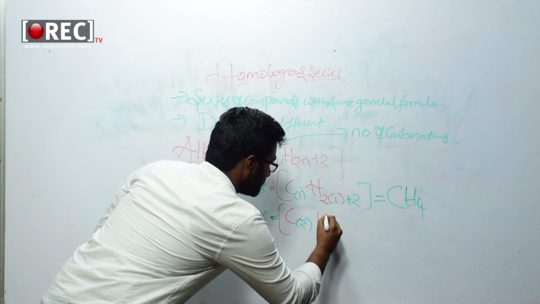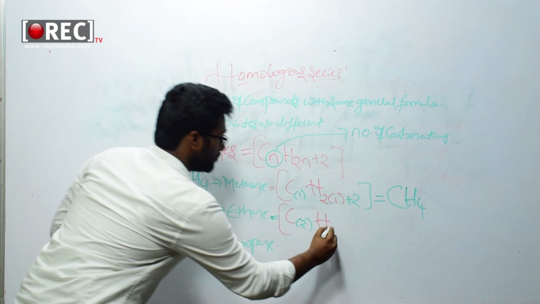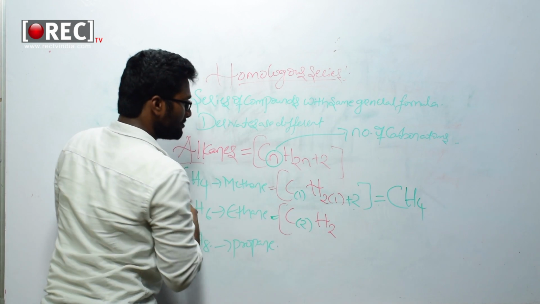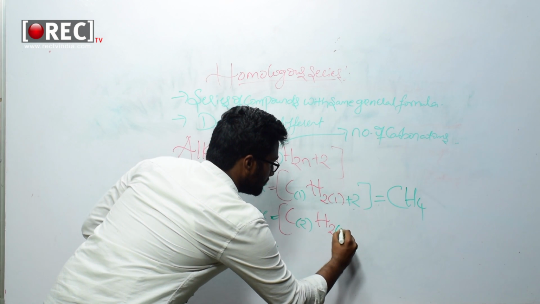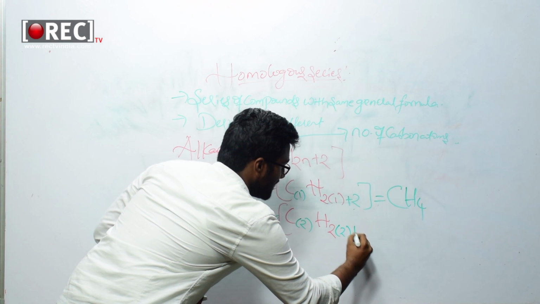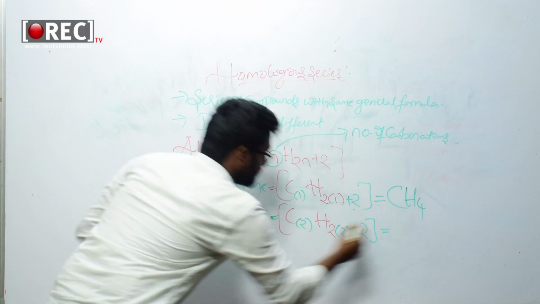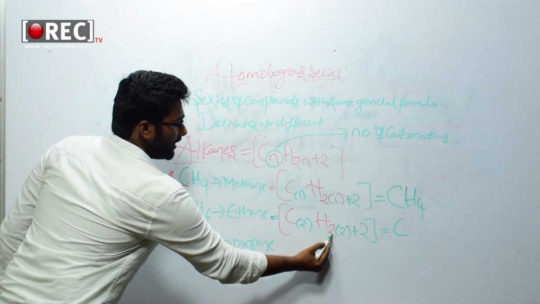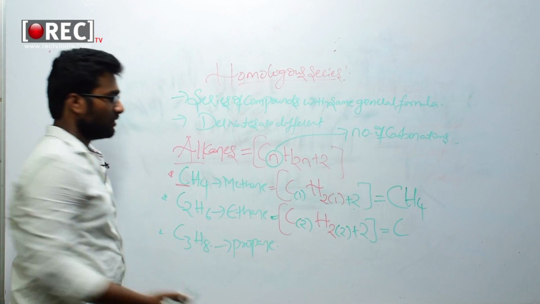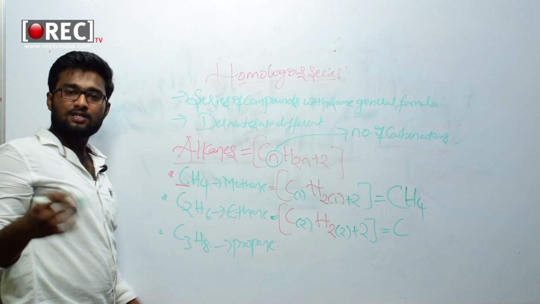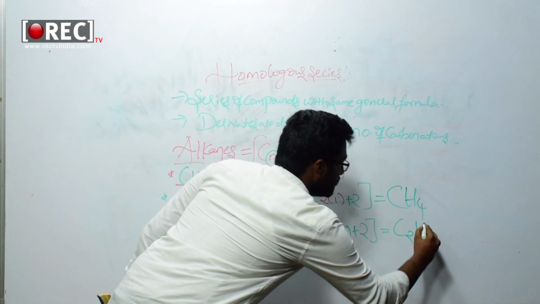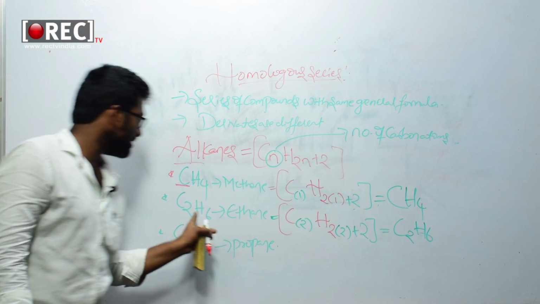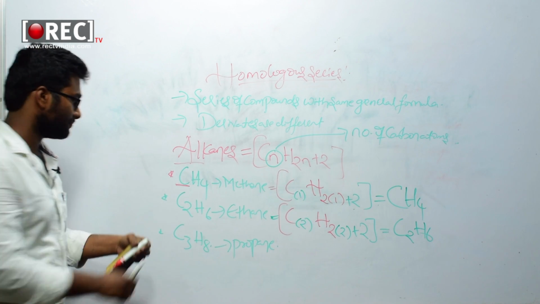Then H, 2 into 2, 4, 4 plus 2, 6. C2H6, ethane. We have derived this formula from the general formula.